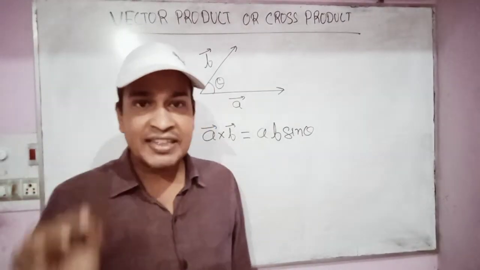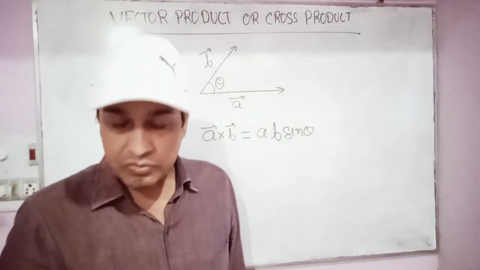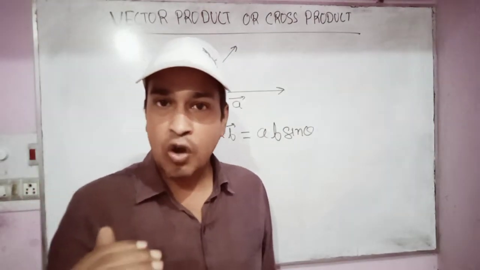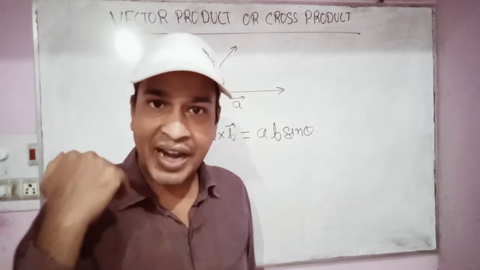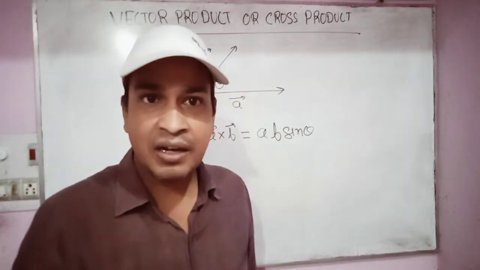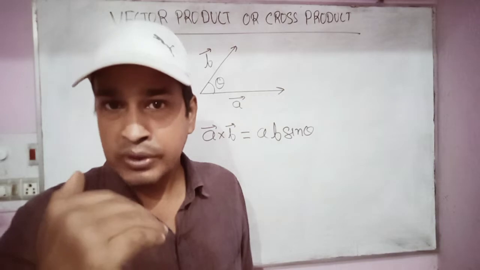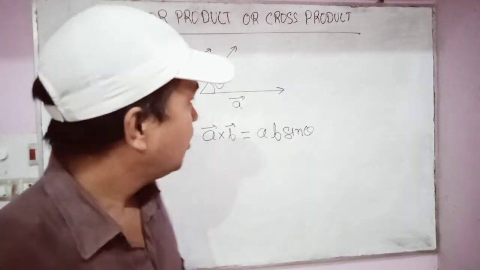To avoid this confusion, we use a rule which is called right hand thumb rule. By the use of right hand thumb rule, we determine the direction of the cross product of two vectors.